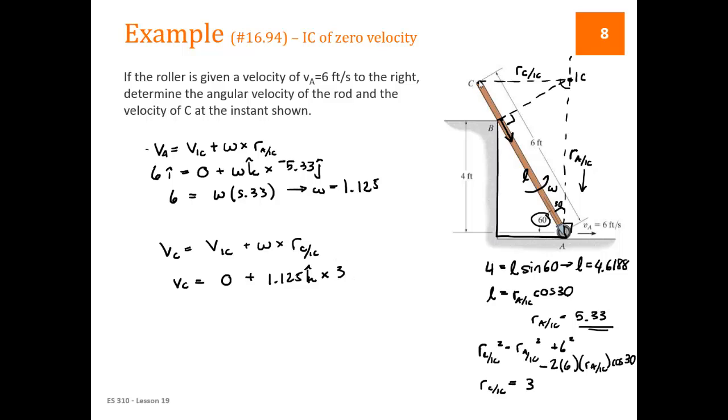The direction of this is going to be perpendicular to this line, at whatever point it's at. If we just use the magnitude, we get 1.125 times 3, which gives us a magnitude of 3.38 feet per second. We could find its direction as well by using the angles in this triangle to determine sine and cosine components of that arrow.